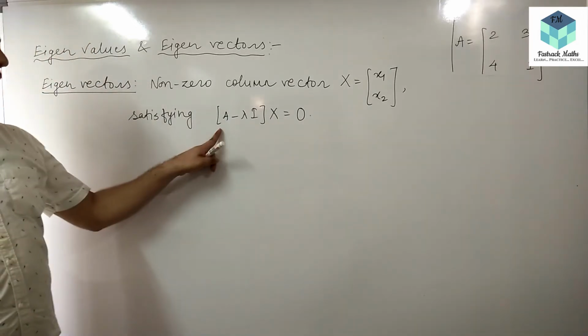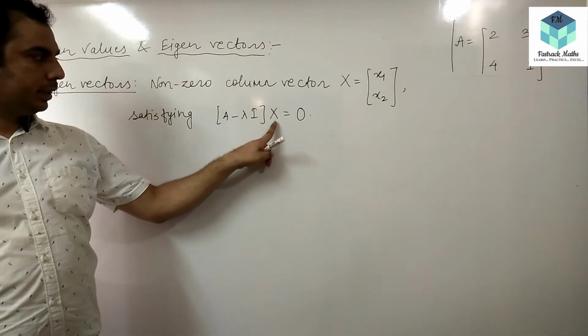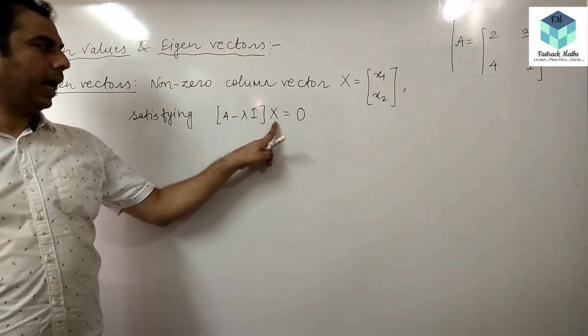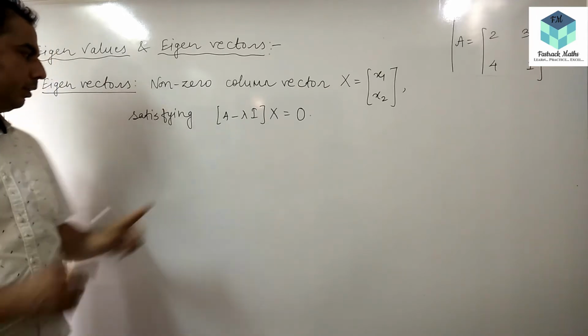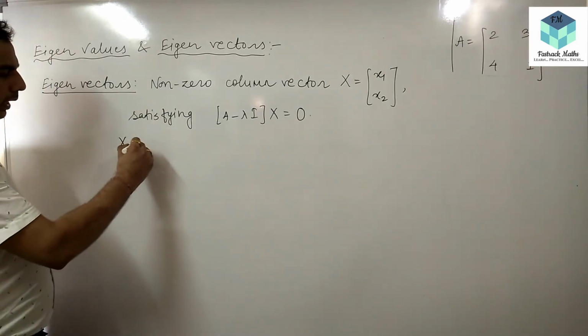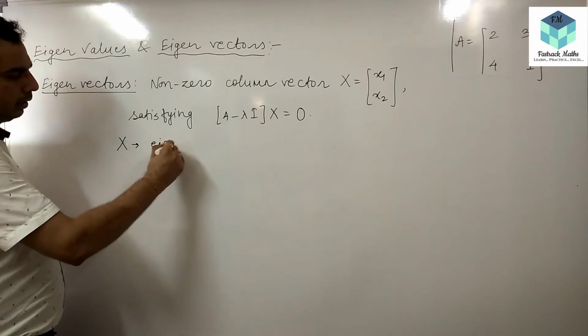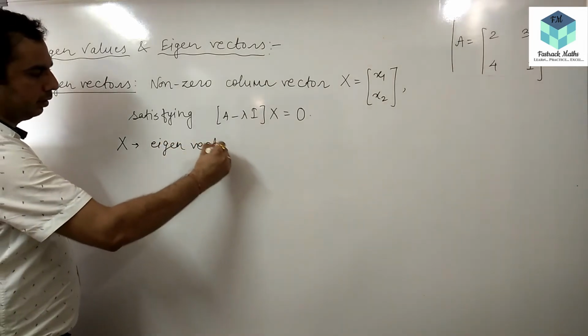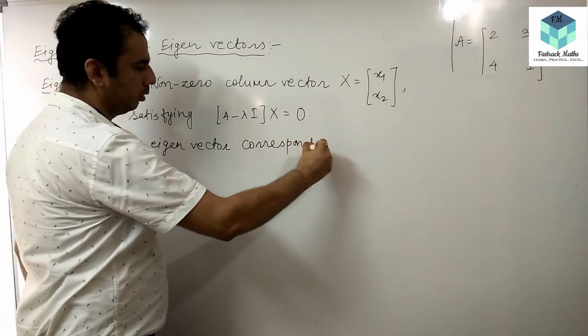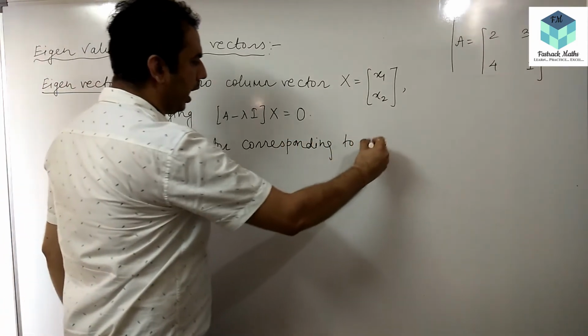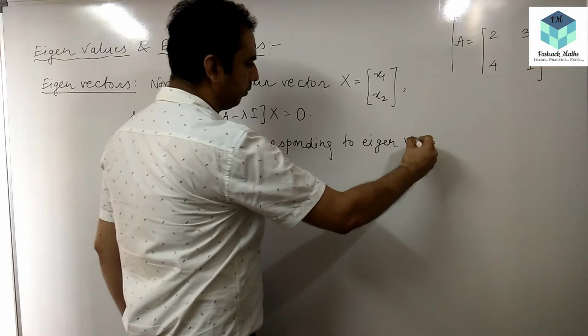If this happens, then we say that x is an eigenvector corresponding to the eigenvalue lambda.